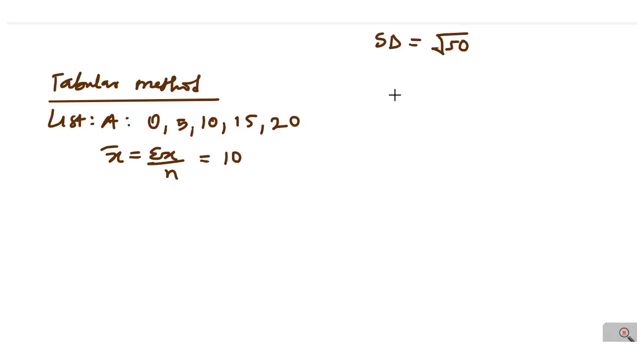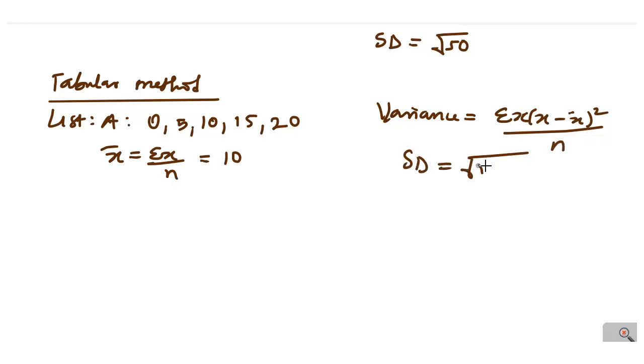And we already know that we need the variance before we get the standard deviation. So the variance is summation x into brackets x minus mean, then square over n, while standard deviation is square root of variance.